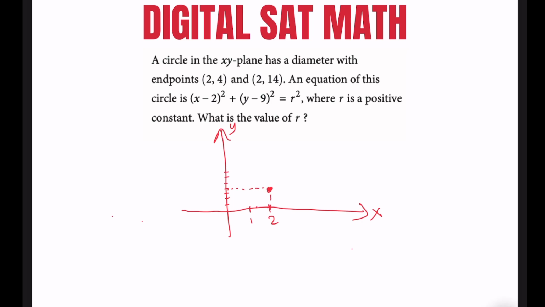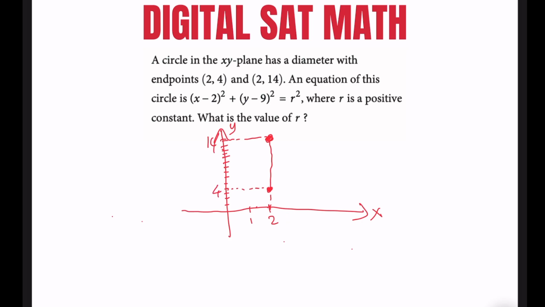Then 5, 6, 7, 8, 9, 10, 11, 12, 13, 14. Let's say here is the 14. So the coordinates of this point are, again, this is 4, this is 14.